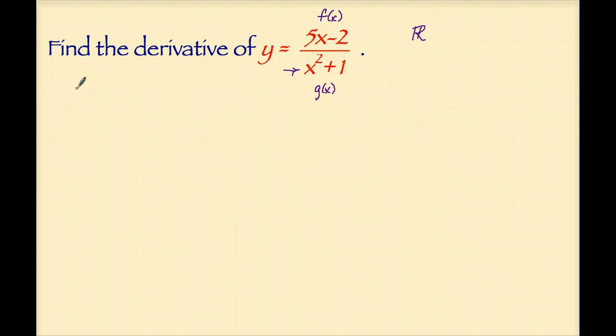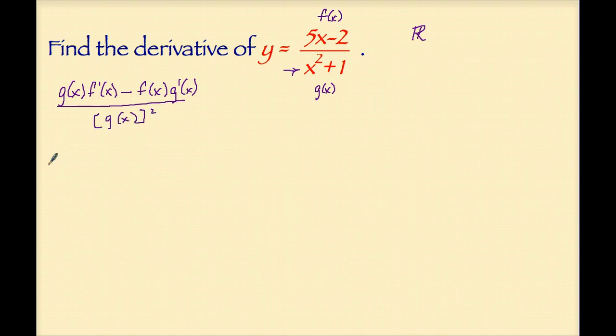Now let's recall what the quotient rule is. It's going to be the bottom function times the derivative of the top function minus the top function times the derivative of the bottom function, all over the bottom function squared. All right, let's use this rule and take our derivative.